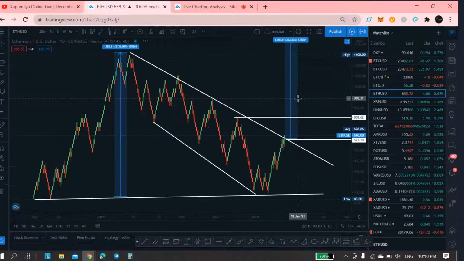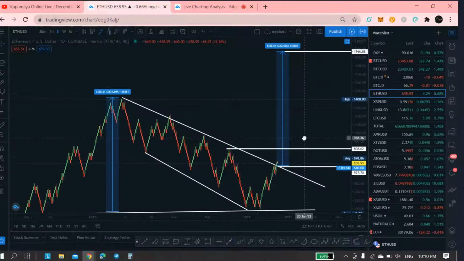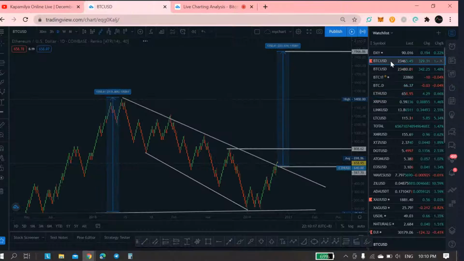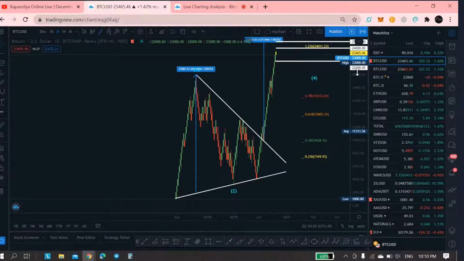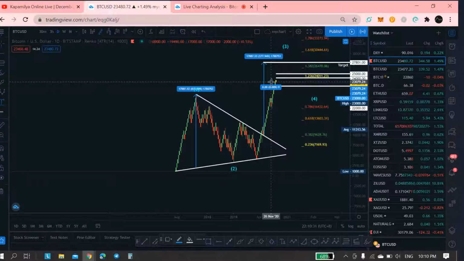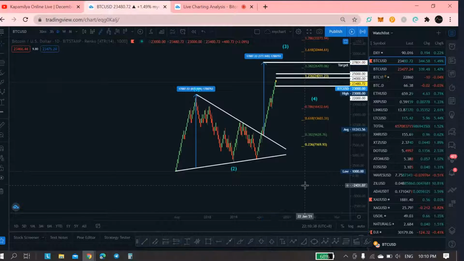Possible return even this year at that breakout is 222%, BTC at 177%, but that's already even shorter from here. So if you go long from here, of course the return will be much lower, which is just a 21.27% possible return.